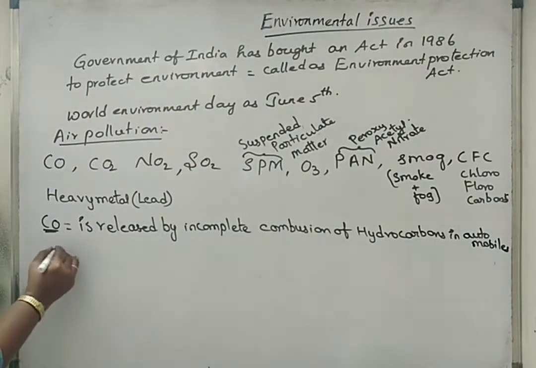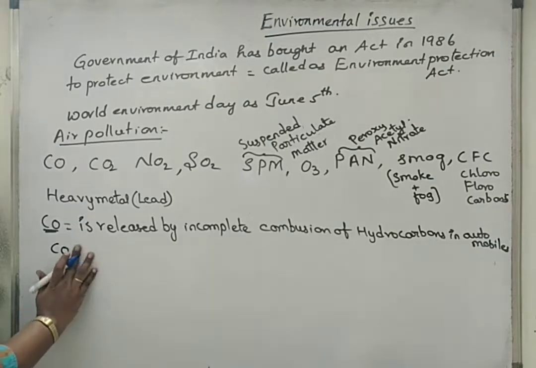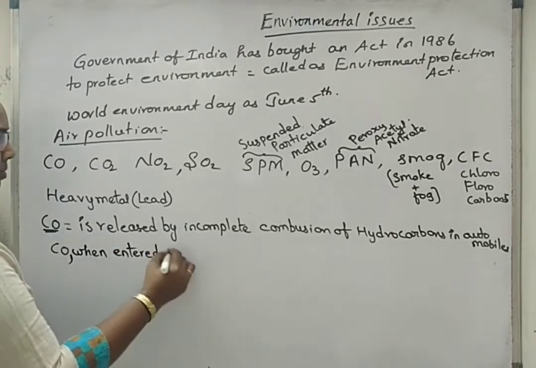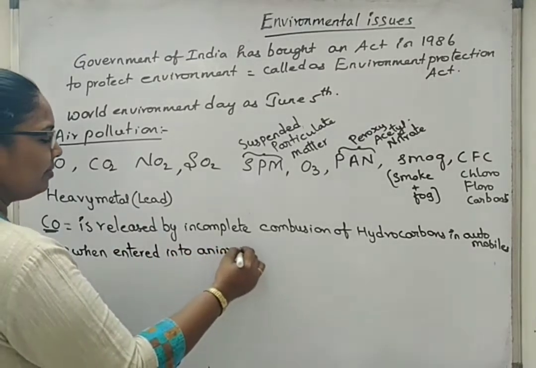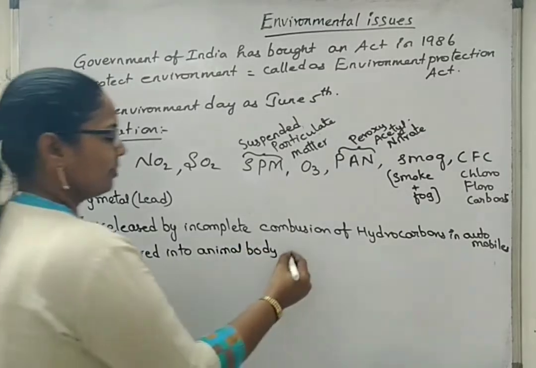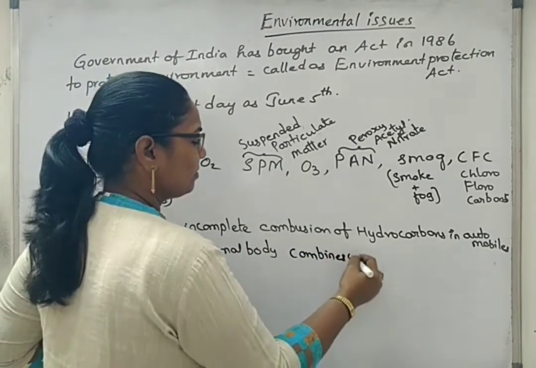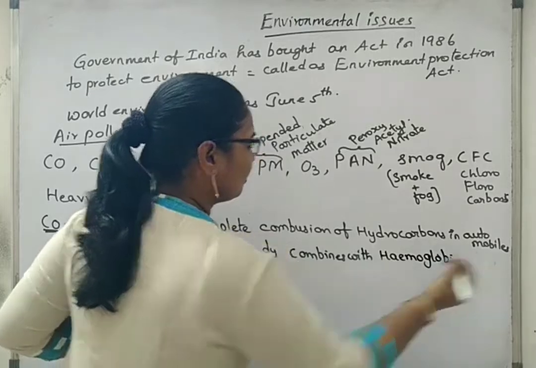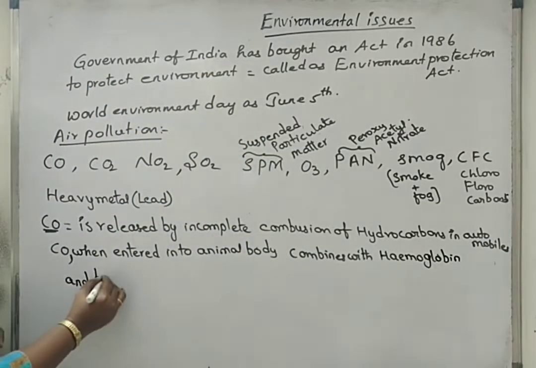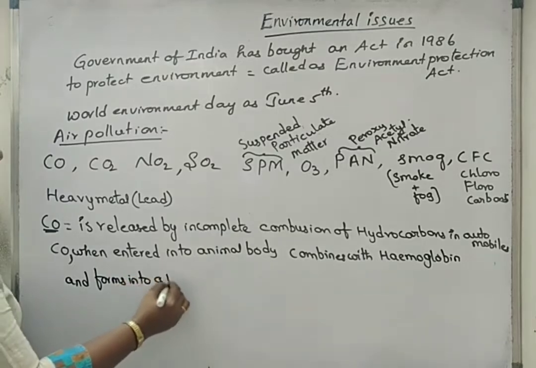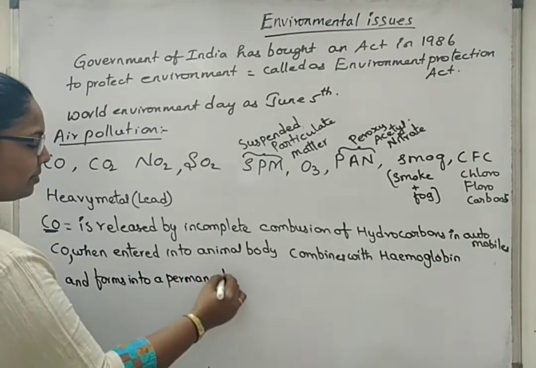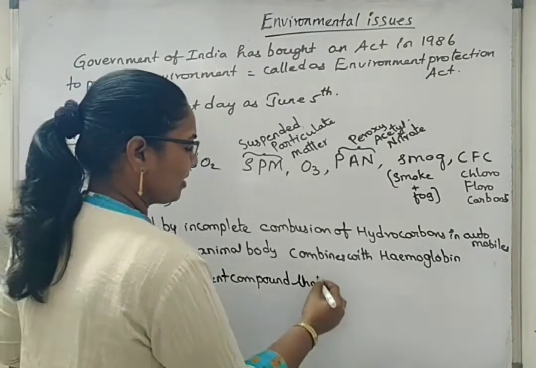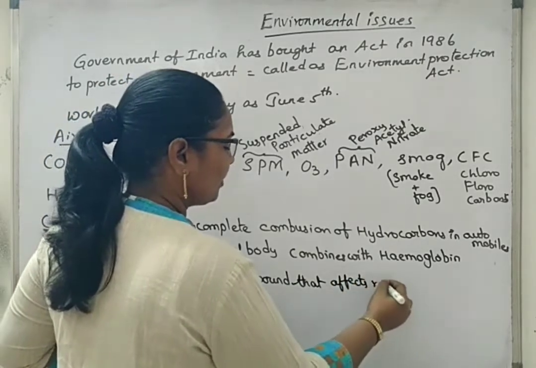Next, carbon monoxide, when entered into the animal body, combines with hemoglobin and forms a permanent compound that affects the respiratory system.